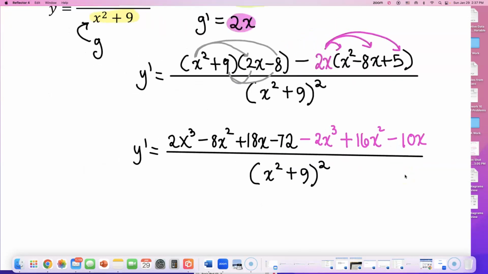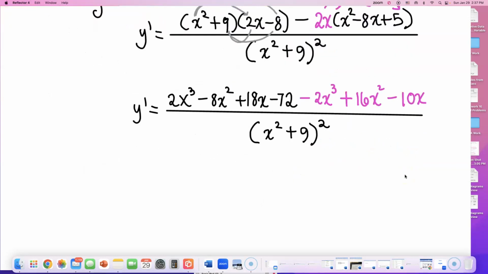Now we're going to combine some like terms, and happy news, there's a positive 2x cubed and there is negative 2x cubed. Those will cancel out. What other like terms do we have? Well, there is negative 8x squared and there is positive 16x squared, so I'll combine those two. And I also notice there is positive 18x and minus 10x.